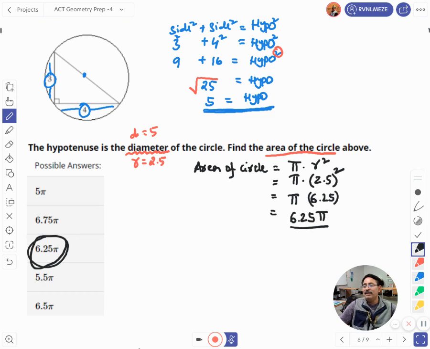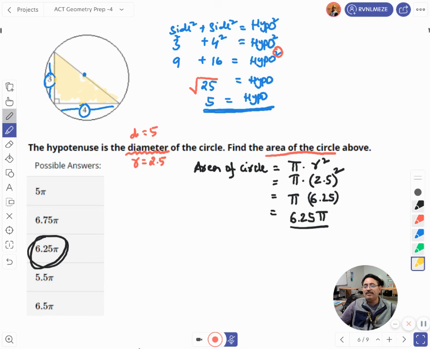Again, from the beginning, in the given question, two sides of a right triangle are given. You know how to figure out the third side of a right triangle by using Pythagoras theorem: side square plus side square equals hypotenuse square. Once you get the hypotenuse, that is the diameter.